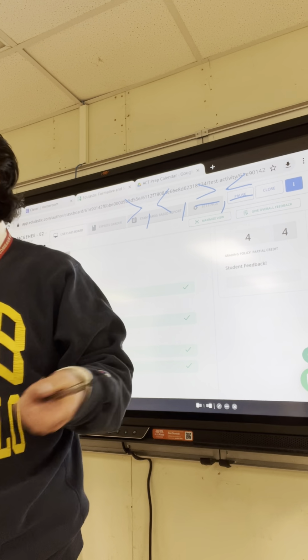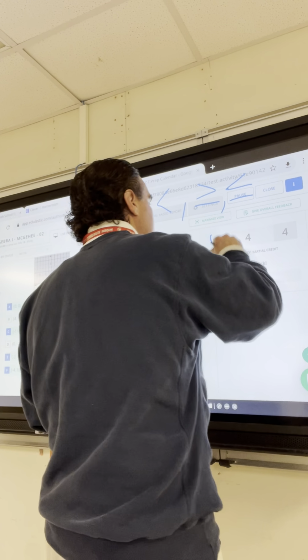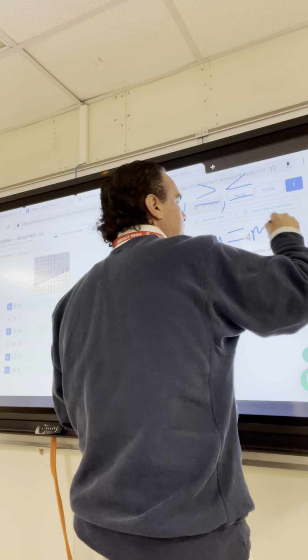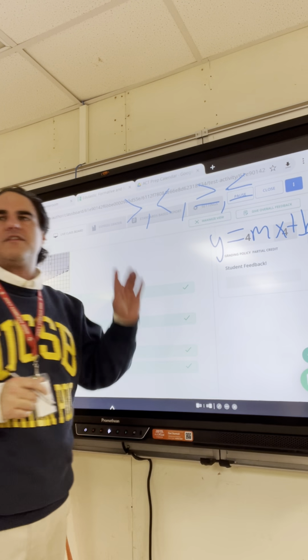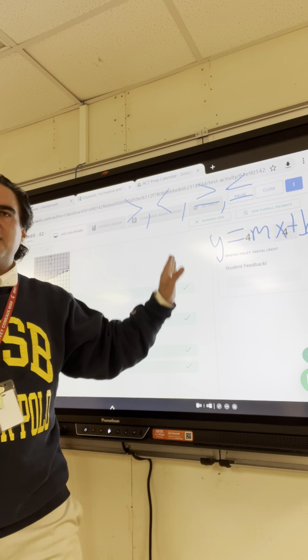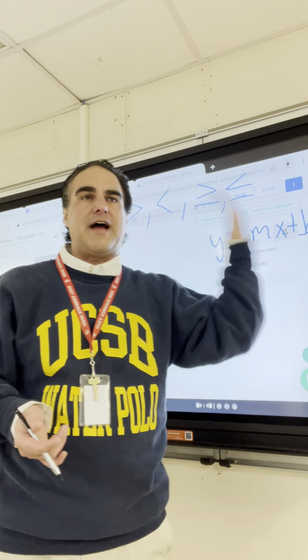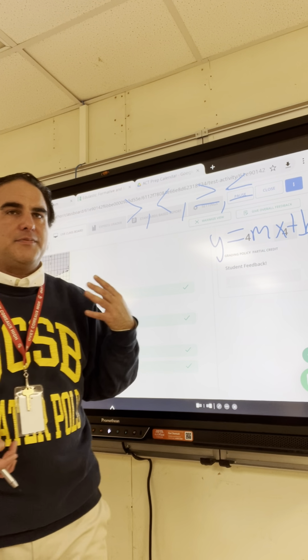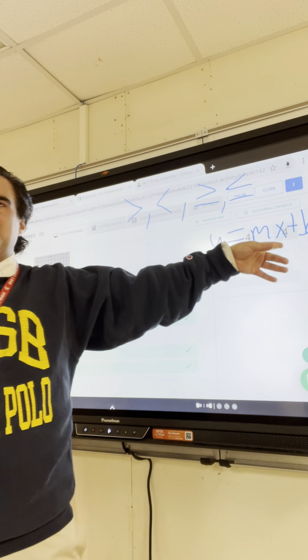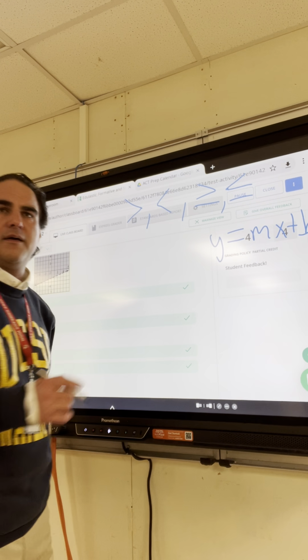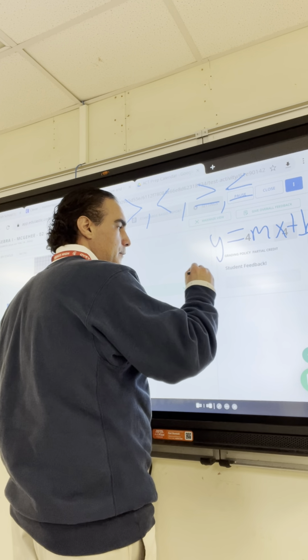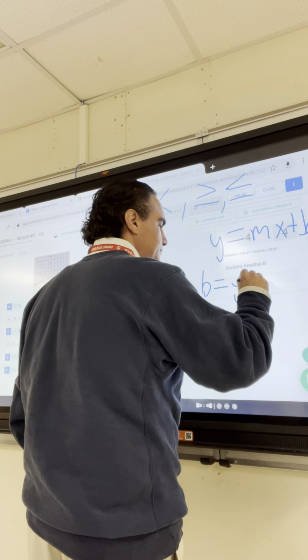When you have a slope-intercept form equation, you have y equals mx plus b. There are 2 pieces of information we need. The x and the y remain x and y, and those are our placeholders for our input and our output. But then we have an m and a b. What is the m and what's the b? The b is the y-intercept, that's right.